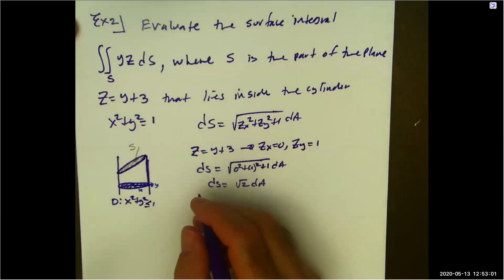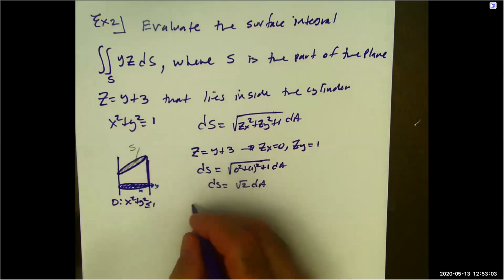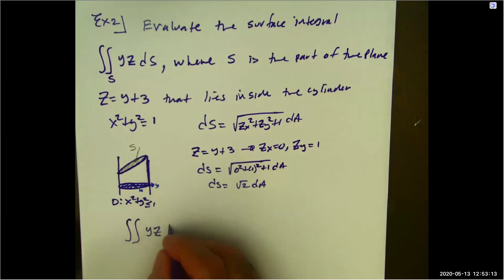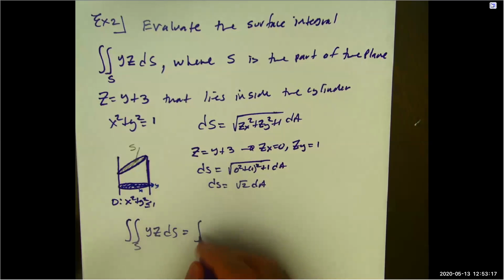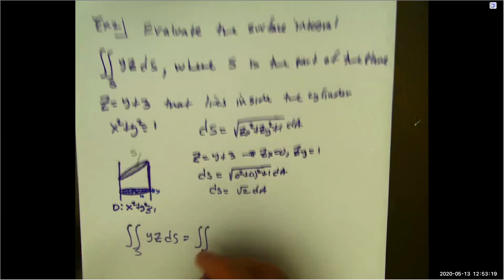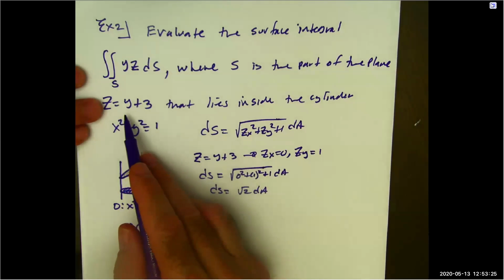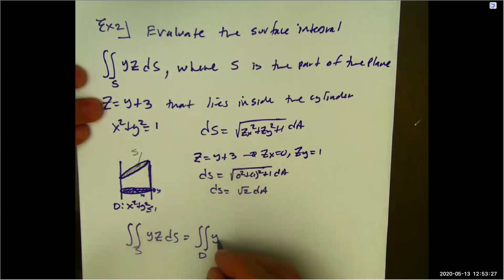And so then when we look at our integral, we have yz dS over S. This is going to become the integral over D of y, and remember that z is equal to y plus 3, so we'll plug that in for z.